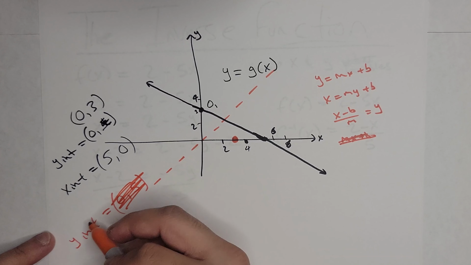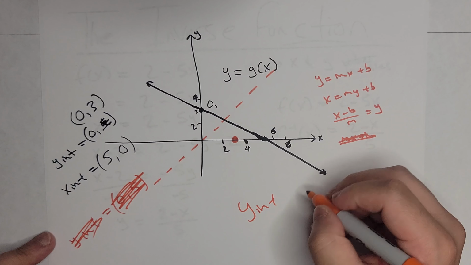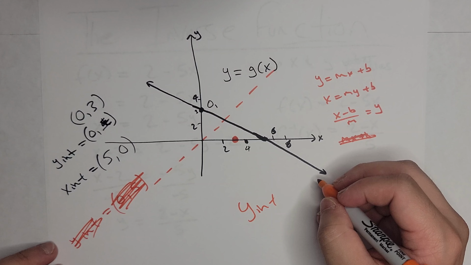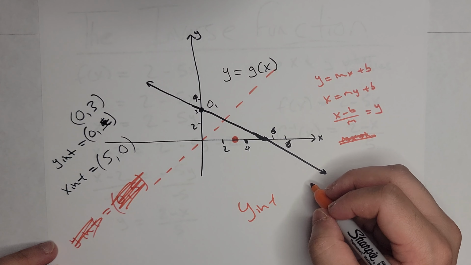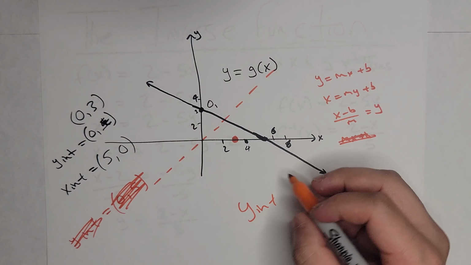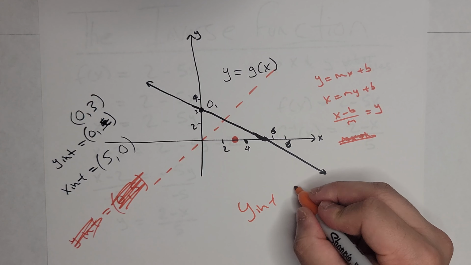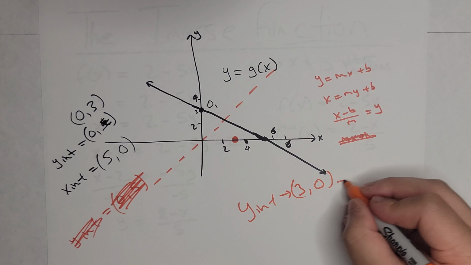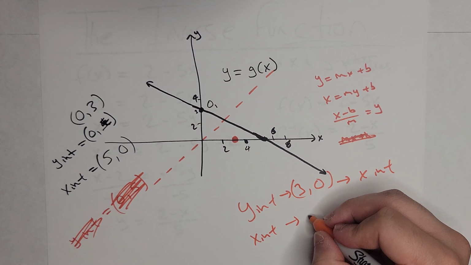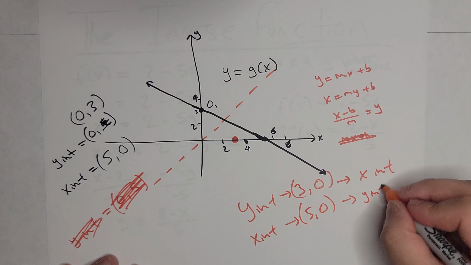That is confusing. So our y-intercept, which was 0, comma 3, will invert and become 3, comma 0. And that'll become our new x-intercept. And our x-intercept, which was 5, comma 0, will invert and become our y-intercept.